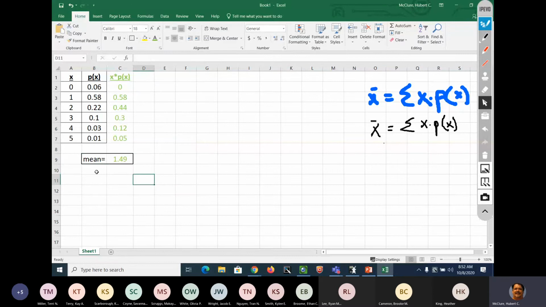So the mean of this function, of this probability distribution, is 1.5. Okay? Technically, it's 1.5, which is rounded to 2. So this would be the mean. 2 events. So if this was children, the mean is 2 children based on 1.5.